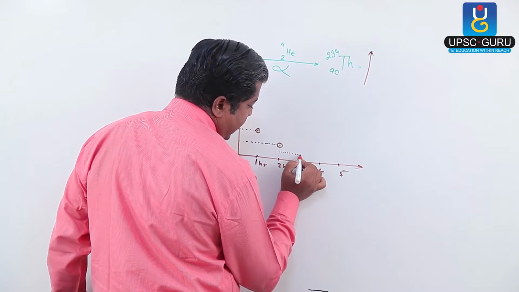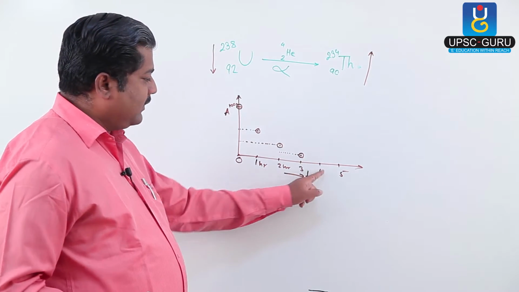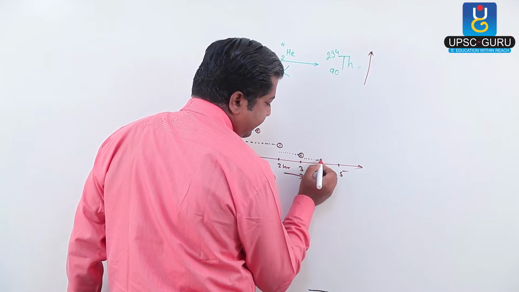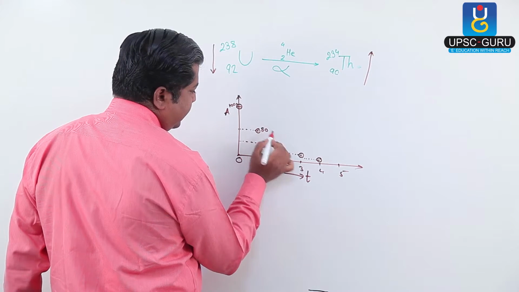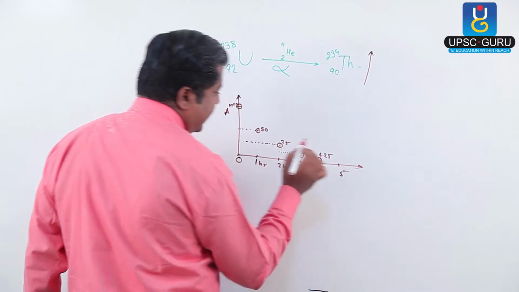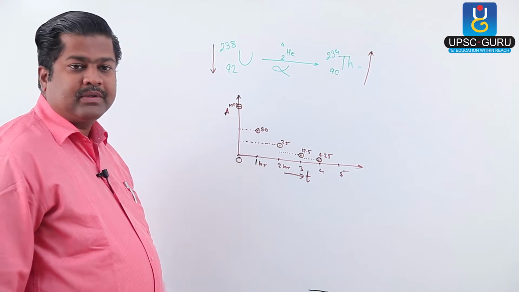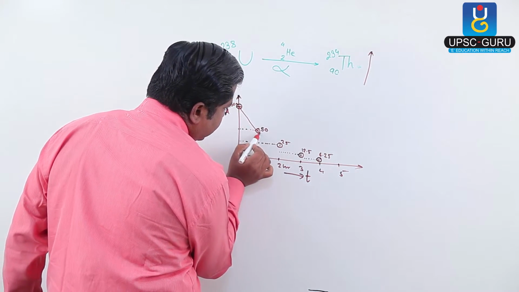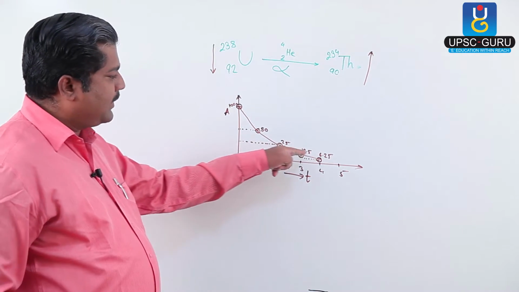Again after 1 hour, half of it. So again half of it. If you put the values here, it is 100, it is 50, it is 25, it is 12.5, it is 6.25 and so on. This way the amount of substance decreases, and that's why we have shown the graph like this. Now check how the slope of the graph decreases.